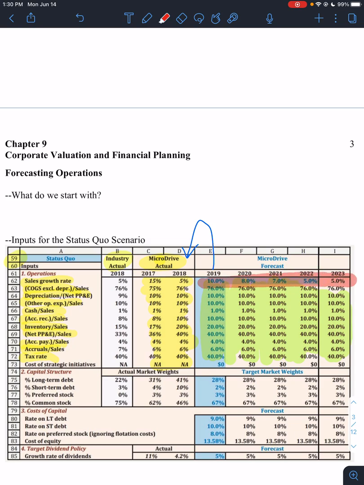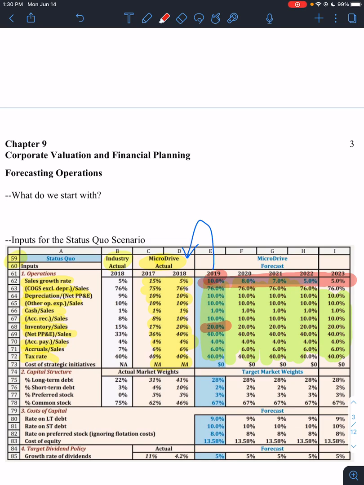They assumed that sales was going to grow in 2019 by 10%, and then it was going to level back off. So we get 10% growth, 8%, 7%, and then it levels off to 5%, kind of like a long-term growth rate. And then it would make sense that all these other variables would change based on that, right? So if my sales increase by 10%, I'm going to need 20% of those sales as inventory.